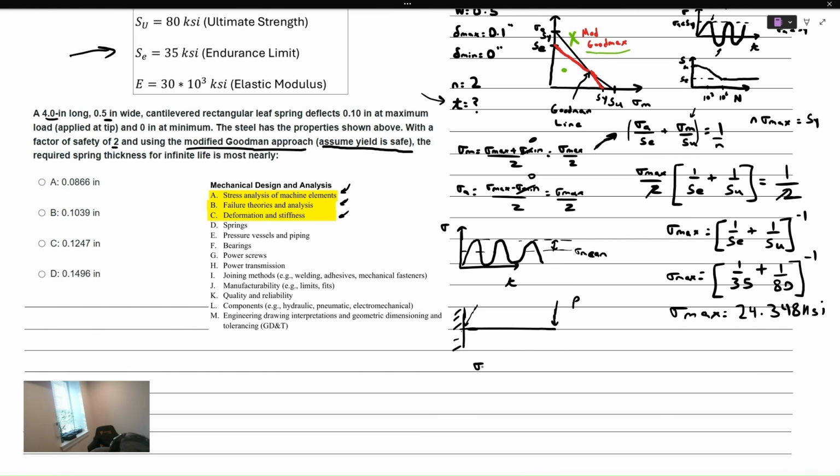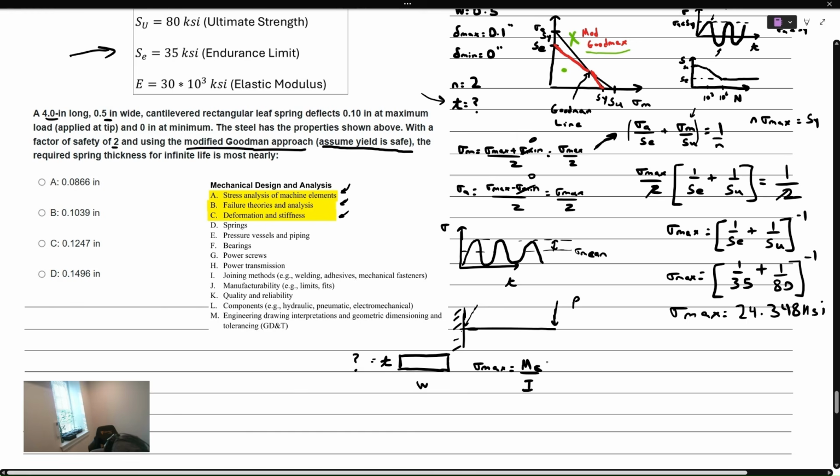Sigma max is equal to MC over I. If you think about the section over here, we have a rectangle with a thickness T, and that's what we're looking for, and a width W. Now the moment at the fixed end is just the product of the applied tip load multiplied by the length. C is the distance from the neutral axis to the outer fibers. That is half of the thickness for our case, T over 2.